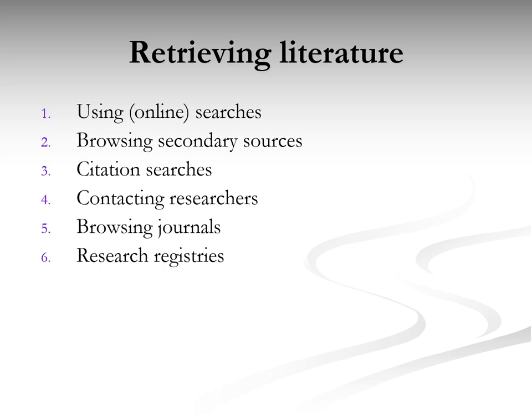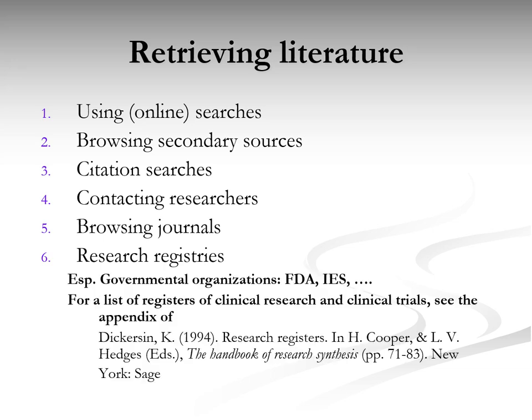And then the last step is looking for research registries. It's more and more the case that, for instance, governmental organizations require, when they give funding to research groups or to projects, that the data are sent to these organizations, or at least a report is sent to these organizations, independently of whether the results were statistically significant.